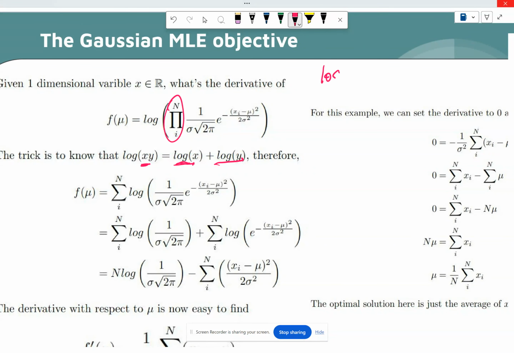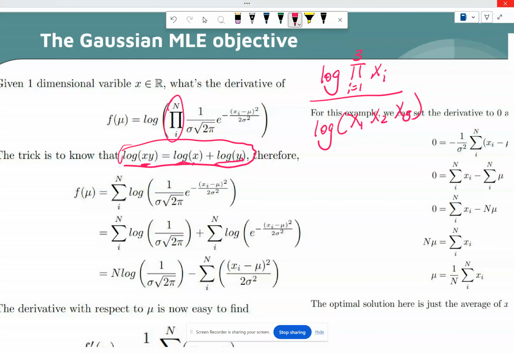If we have a log of, let's say 1, 2, 3, right? The product of xi. This is equal to log of x1 times x2 times x3, which means that using this property over here, we have log of x1 plus log of x2 plus log of x3.